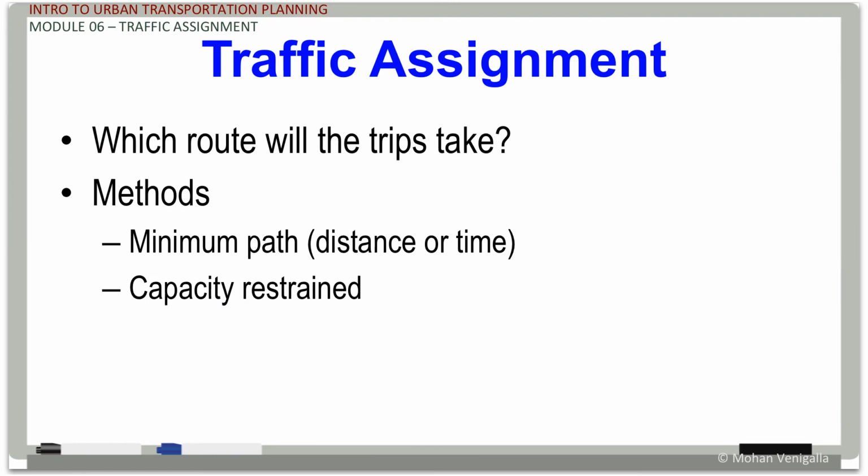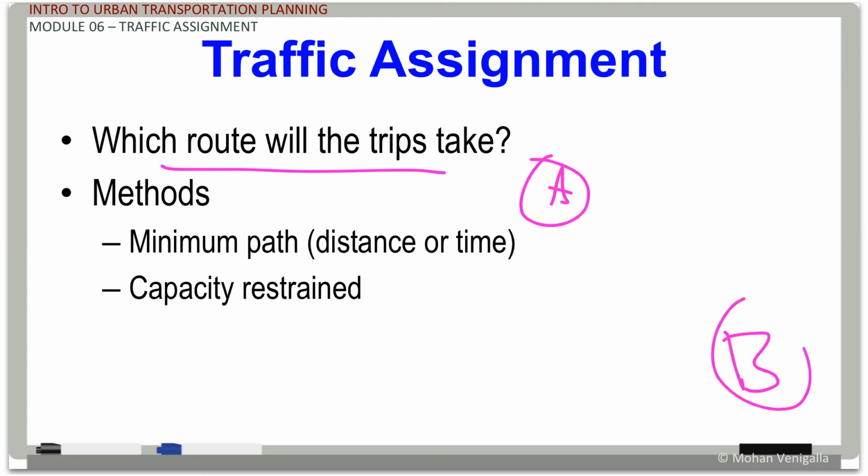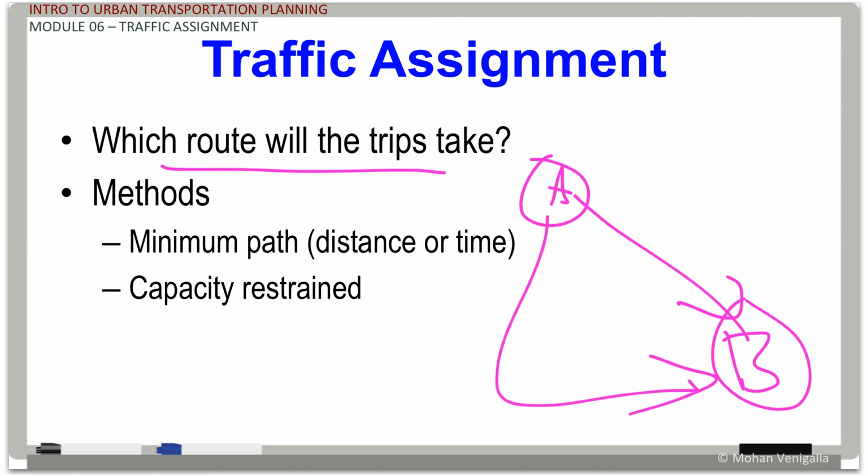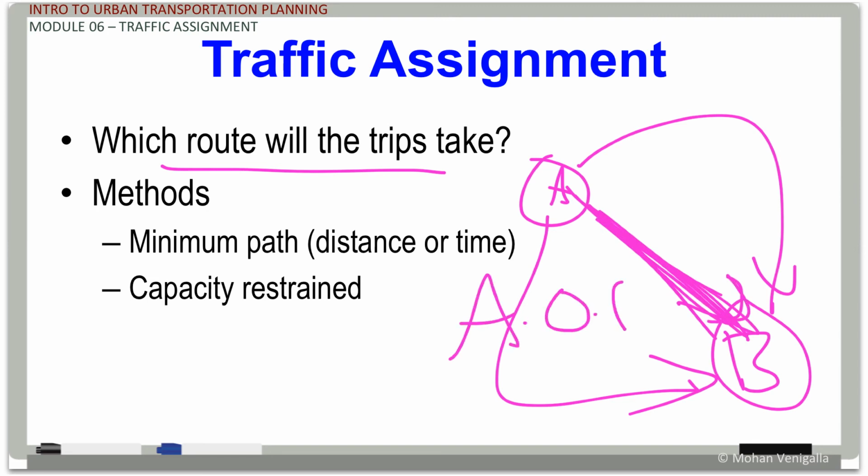So what we want to know is, if you have traffic from A to B, which route will they take? They go this way, or this way, or this way? That's the question. So what if everybody takes the same route? That would be nothing but all or nothing. Now, some people might take this, and some people might prefer that, and some here.